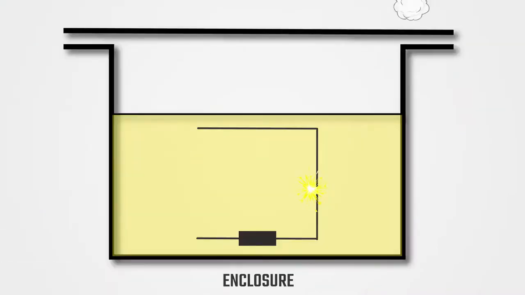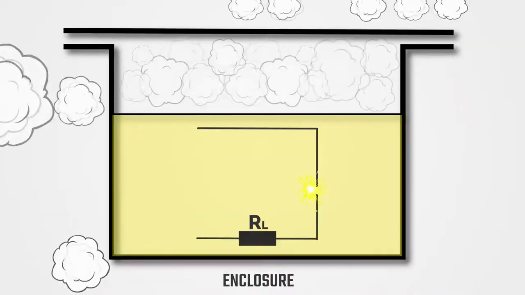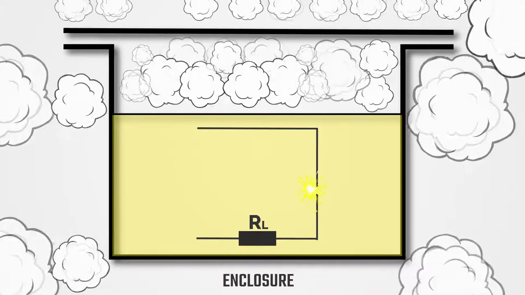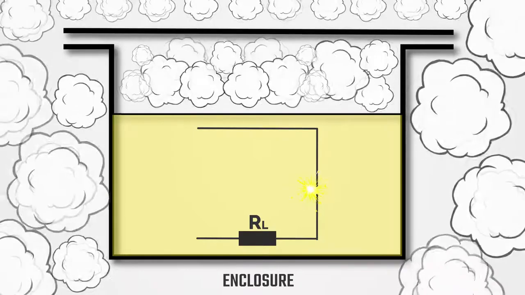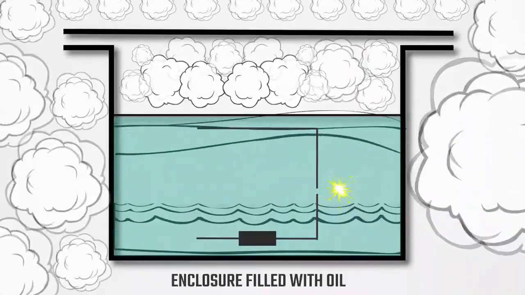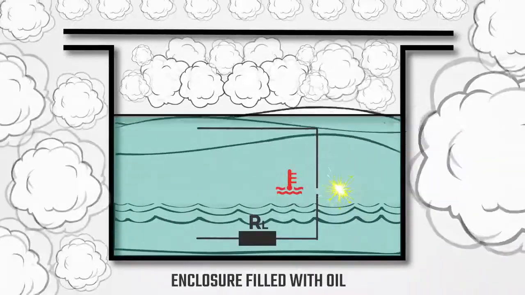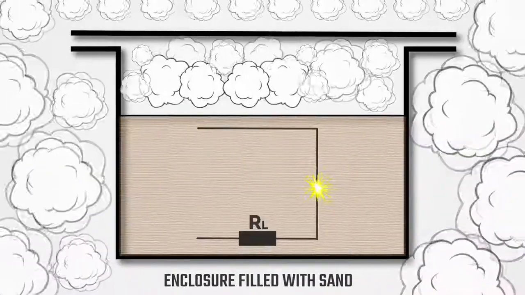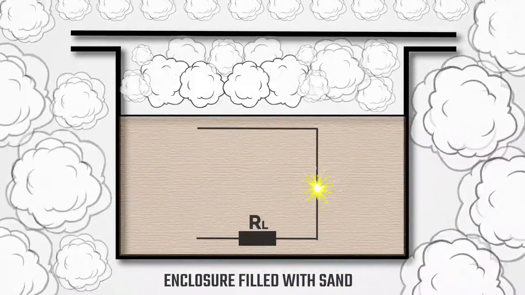The second approach involves isolating the source of ignition from the explosive atmosphere. The source of ignition, heated surfaces or sparks, is isolated from an explosive atmosphere by encapsulating the device in a resin or immersing it in oil. Or the device can be filled with sand or glass or quartz particles that keep an ignitable mixture from forming inside.